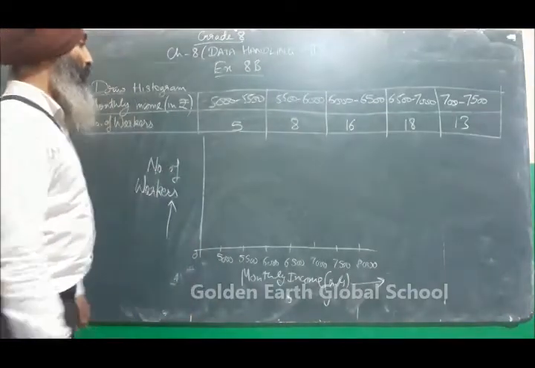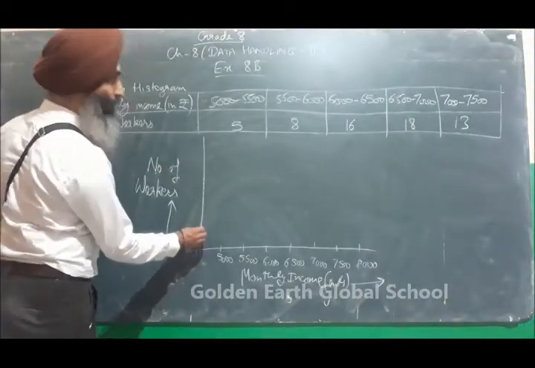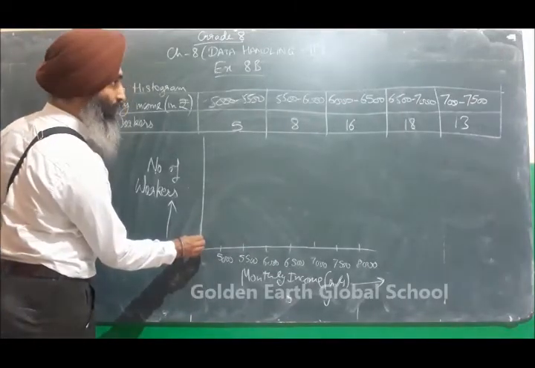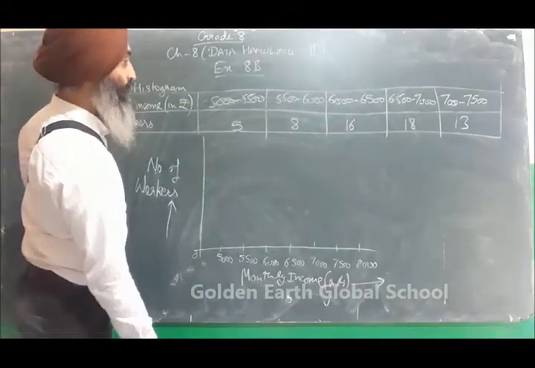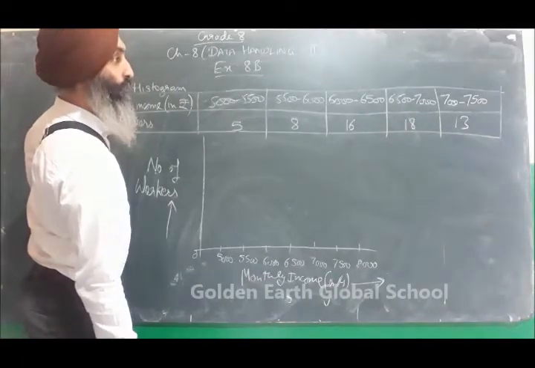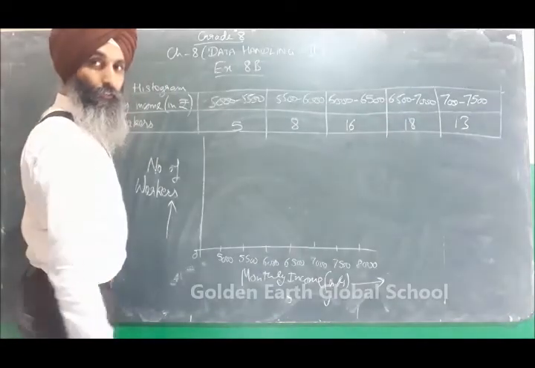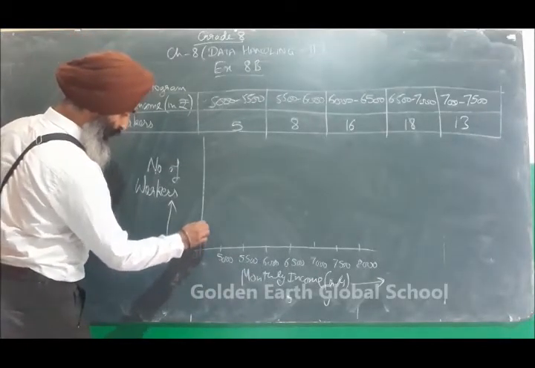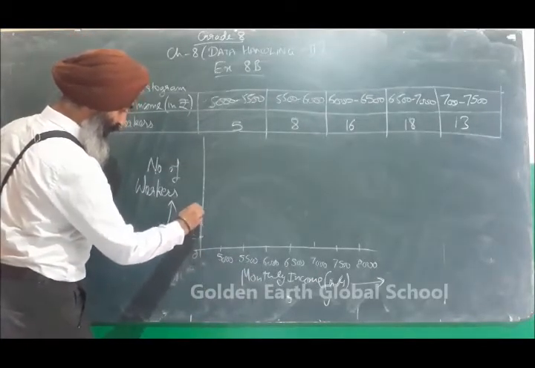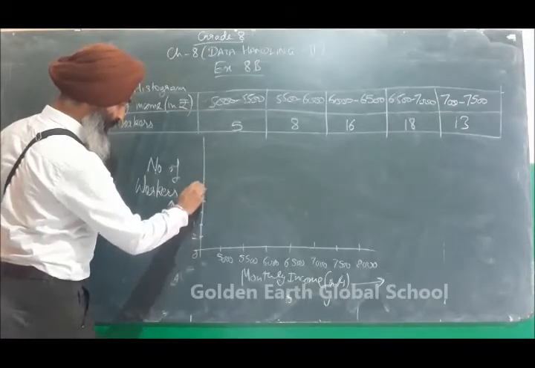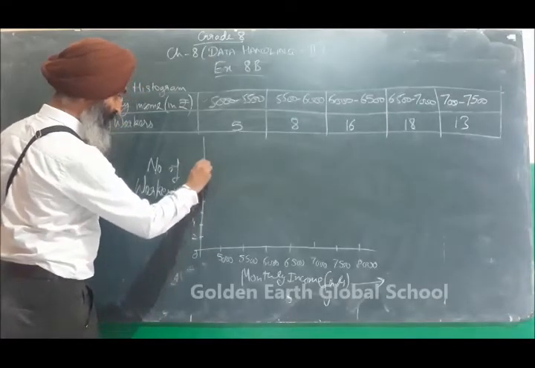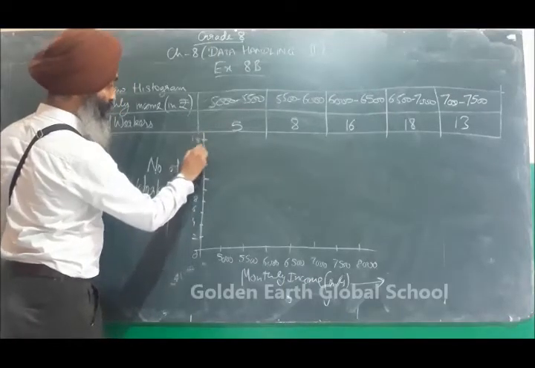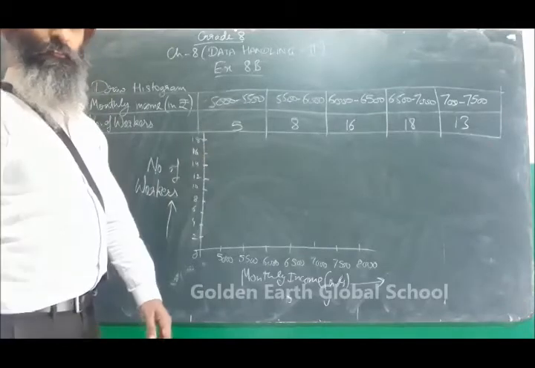So you can take the scale of 2, or if I take 4, then it is also okay. If you take the scale of 2, it would be 2, 4, 6, 8, 10, 12, 14, 16, 18. Okay, understood?